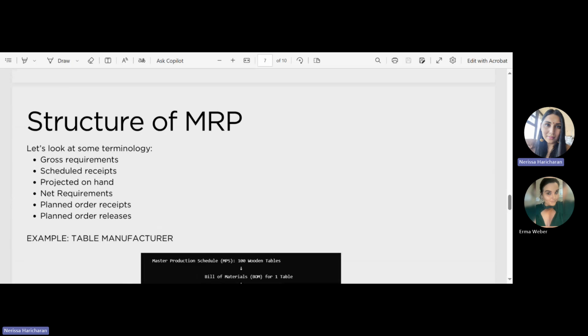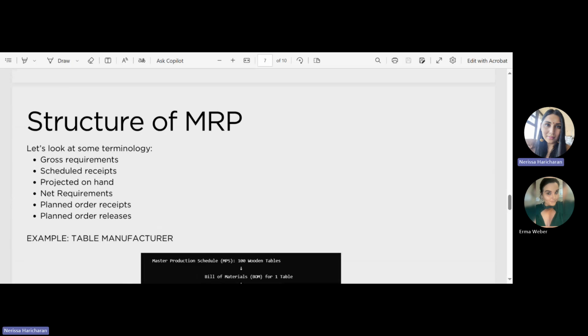The requirements for finished and end items are derived from your MPS. And when you look at it from an assembly's perspective, the requirements are derived from the planned order releases of parent items, where the main product is being produced, and then you basically have the rest of the assembly.